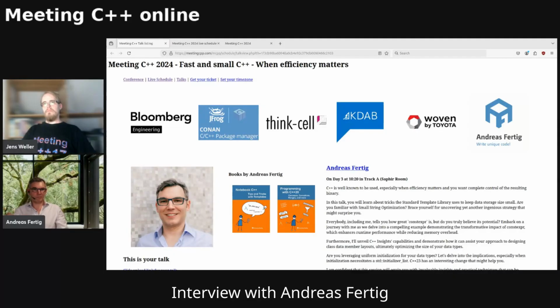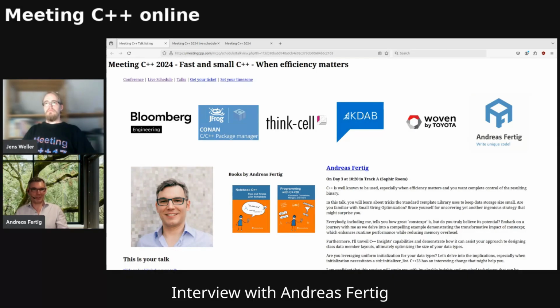And for several things, I always look in the standard library. How are they doing things? And usually they do it in a smart way. They have similar goals, less memory footprint, being small and efficient and all that stuff. So I started looking into the various string implementations that the different libraries have.